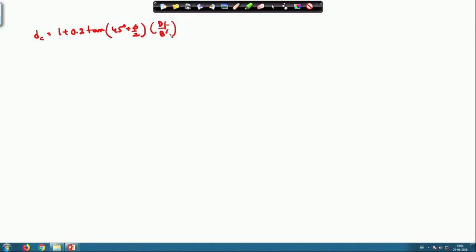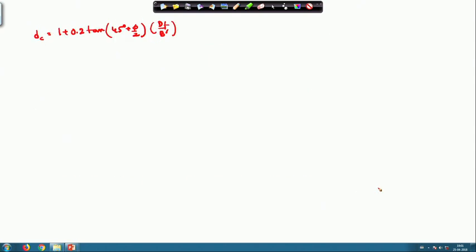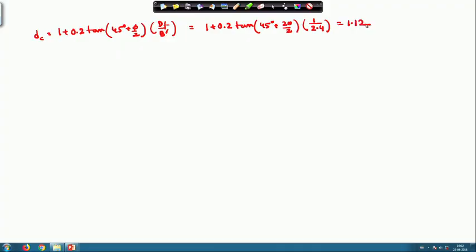And again your phi value is 20 degree. So, I can put these things: 1 plus 0.2 tan of 45 degree plus 20 divided by 2, dF is 1, B dash is 2.4. So, it is coming out to be 1.12.